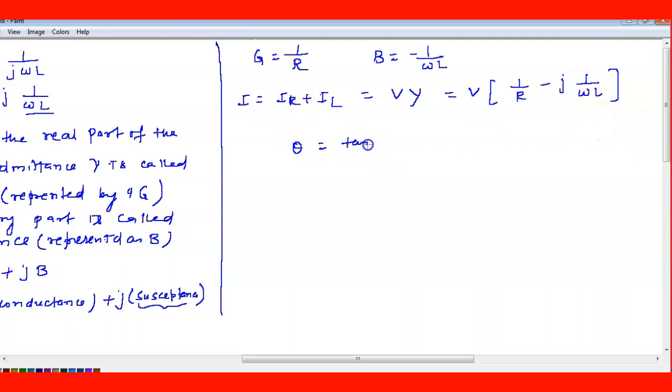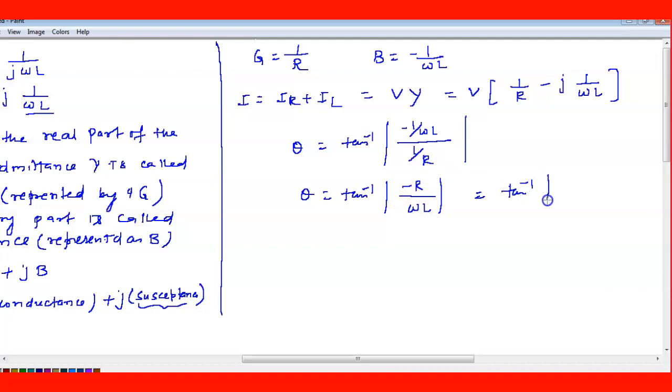Theta is equal to tan inverse of Y by X. So Y is what here? Minus, upon 1 by R, right? So you can write theta is equal to tan inverse of minus R upon omega L. If you take the magnitude, you will get tan inverse of R upon omega L only, right?